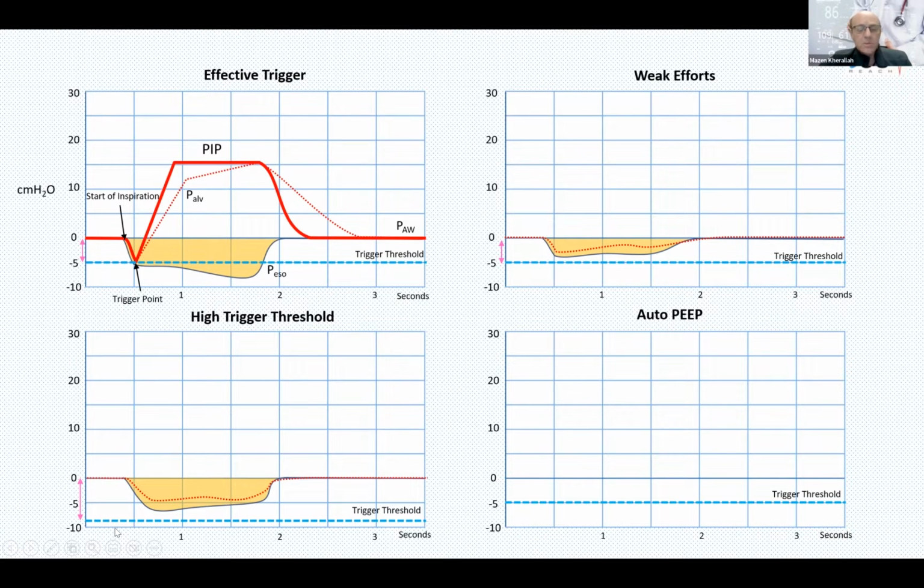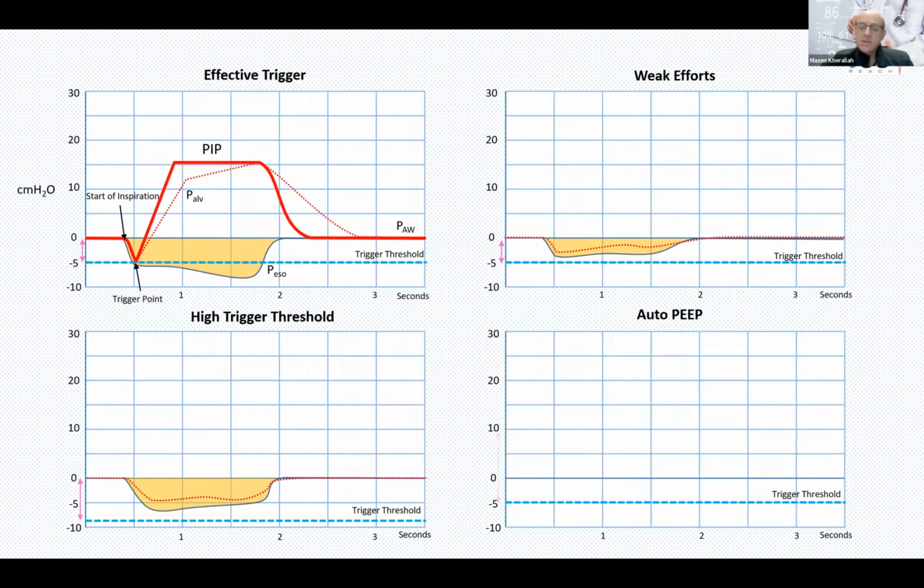Why? Because the trigger threshold is set very high, I'm sorry, and the sensitivity is very, very low. If you set the pressure at a very high level, meaning more negative, at that time the sensitivity will be less. The machine will not respond unless the pressure gets to the level that you set on the ventilator.